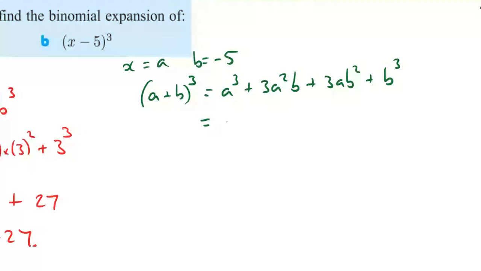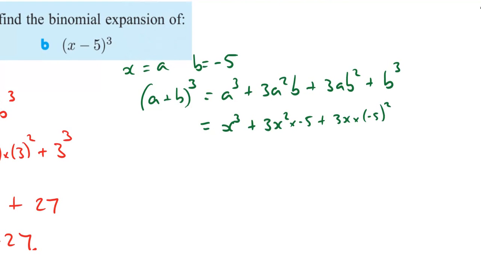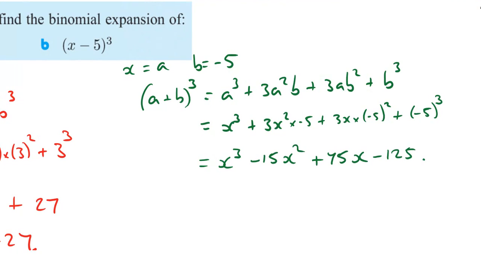So this is going to become x^3 + 3x^2 times minus 5 + 3x times (minus 5)^2 + (minus 5)^3. So we can simplify some of this. We're going to have x^3 - 15x^2 + 75x - 125. So our expansion there is done.